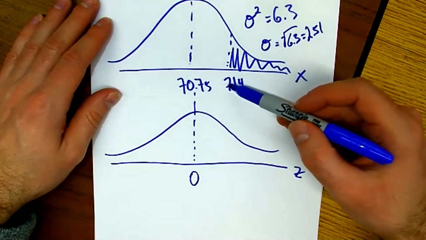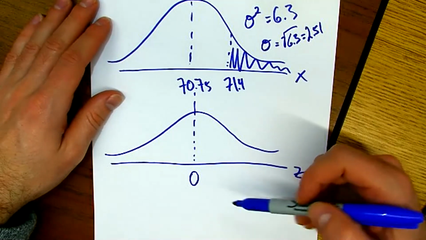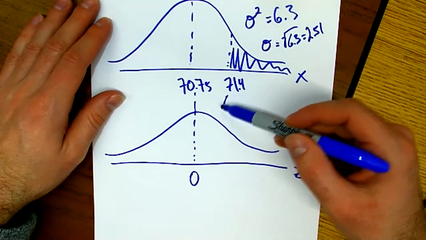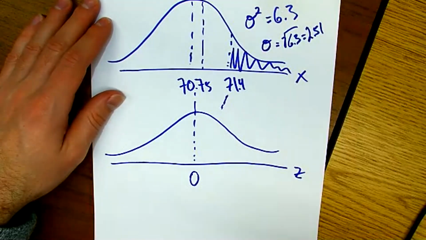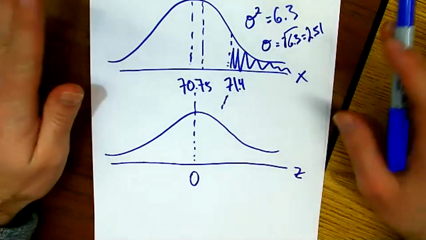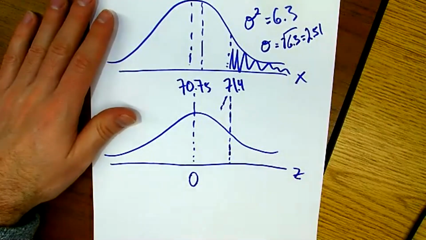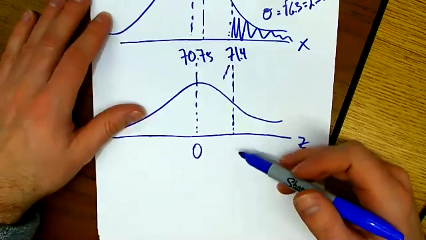So if I'm not many standard deviations away from 0, I'm going to end up with a z-score that's pretty close to 0. So I probably should have drawn it way over here. It's hard to know proportion-wise how to draw these, and it's okay. You never have to have it drawn out perfectly. So let's just keep it where we had it. But we know the z-score is going to be relatively small.